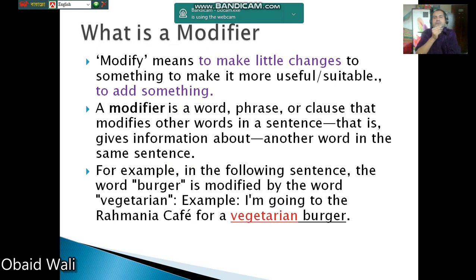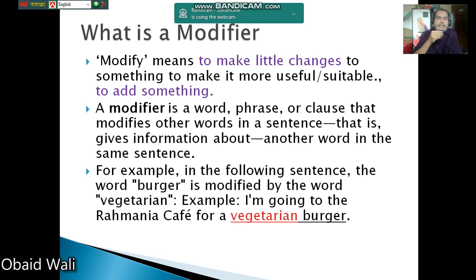What is a modifier? This word modifier comes from the word modify, which is a verb. Modify means to make little changes, or to add something more, to make it more useful, more suitable. So the concept of modifier, you will need in your spoken English and in your writing also.